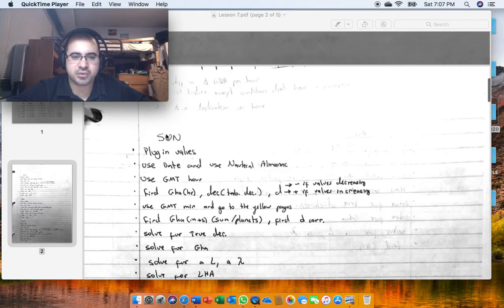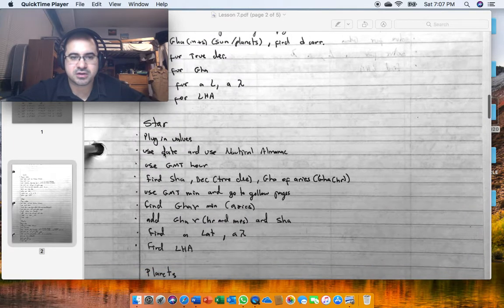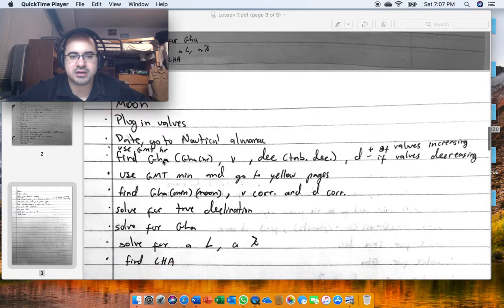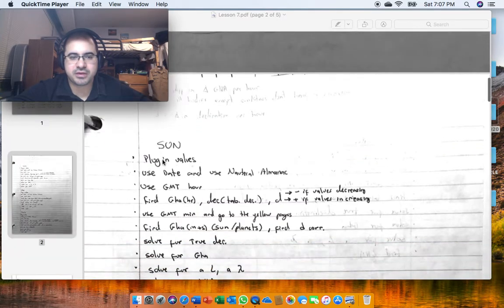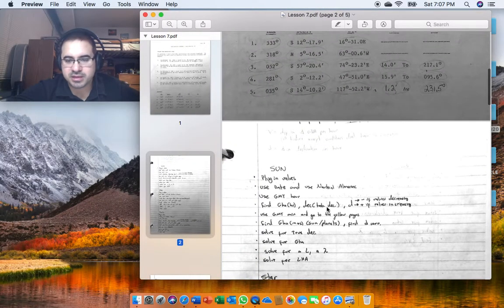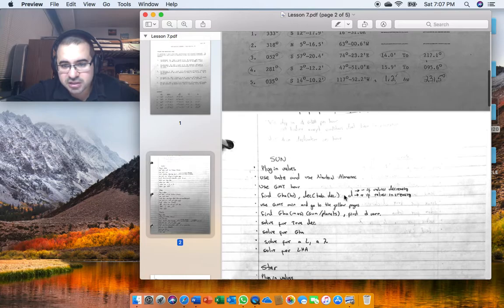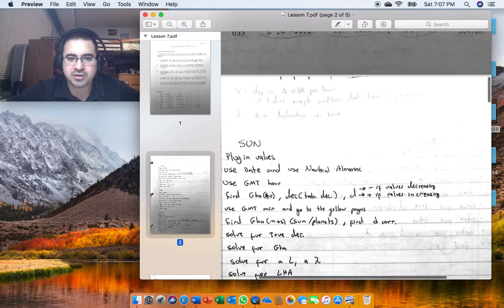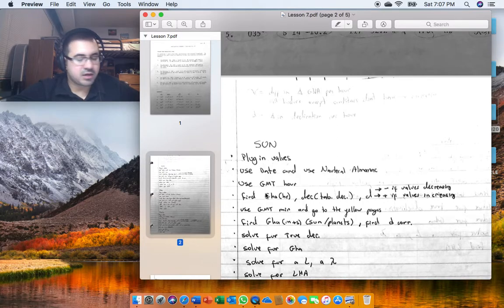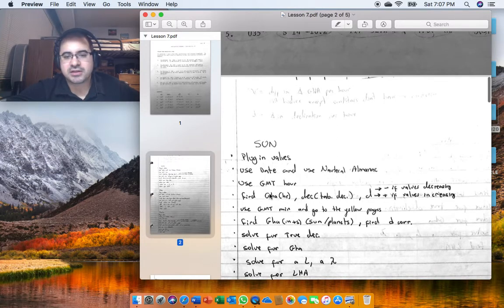these are kind of like the rules for the sun, the stars, the planets, and the moon. The corrections are going to be hidden. So, for example, for the sun, you are only going to be doing the D correction. You're gonna take the Nautical Almanac, and you're gonna find GHA and the D correction.